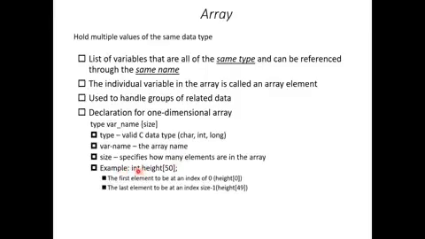For example, int height 50: the array name is height, the data type is integer, and the array size is 50. This means that we can put 50 variables into this array called height. The data could be the height of certain students, the type of people, so that one we group into height.